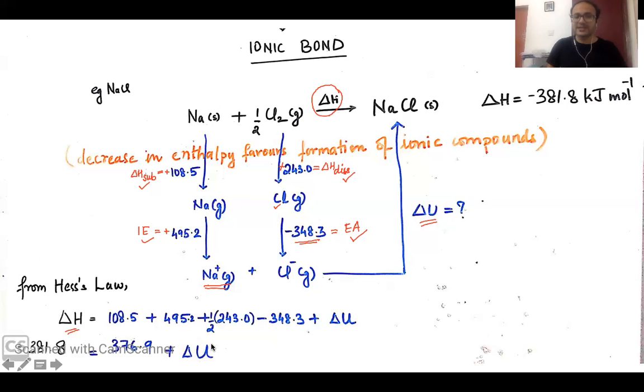So this particular value plays a very important role in the formation of ionic compounds. That is what I wanted to say to you by this explanation: delta U is the major factor that is actually contributing towards the formation of this particular ionic compound.